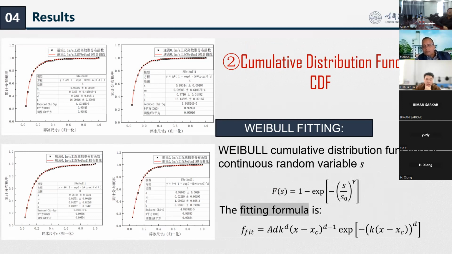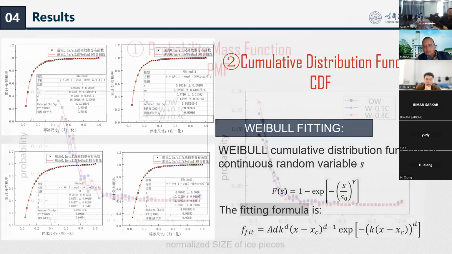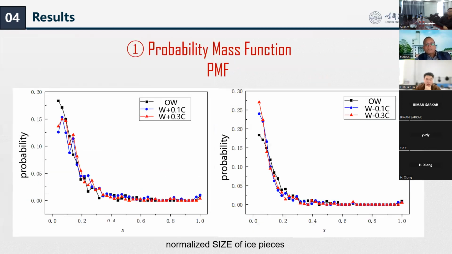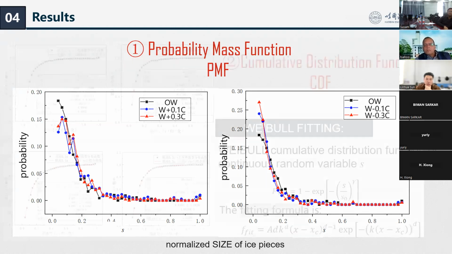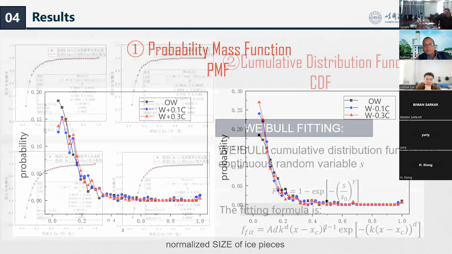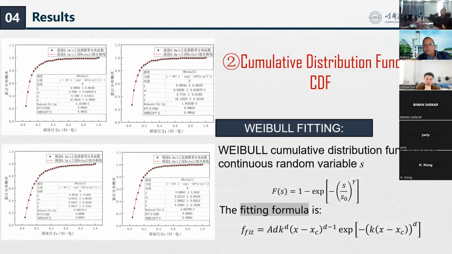It means if we get a CDF, the CDF of size 0.2 means I need to sum all the data whose size is smaller than 0.2. So the CDF's maximum is 1.